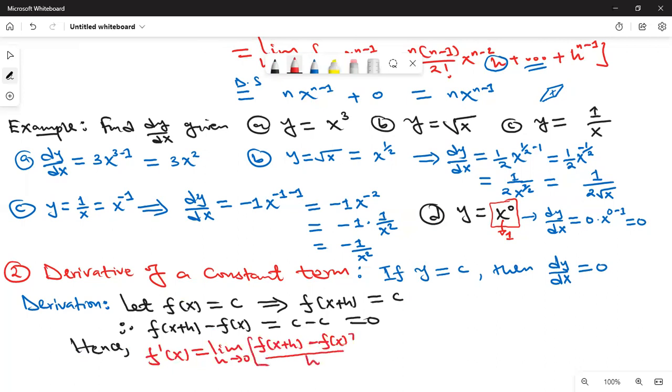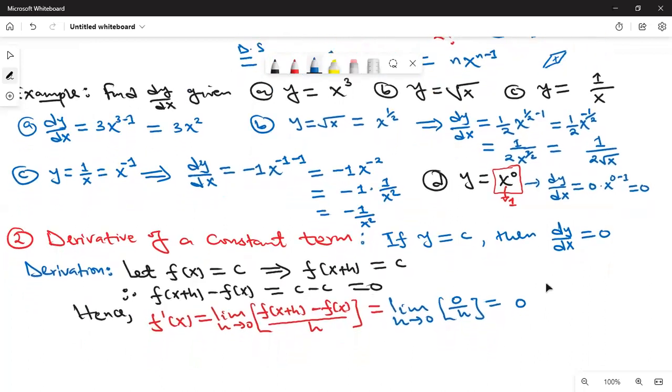Look at our f of x plus h minus f of x. That is equal to the limit as h approaches 0. We got 0 over h. And so this will be the limit of 0, which is 0. Limit of a constant is the same constant. So the answer there is 0. That means our derivative is 0.